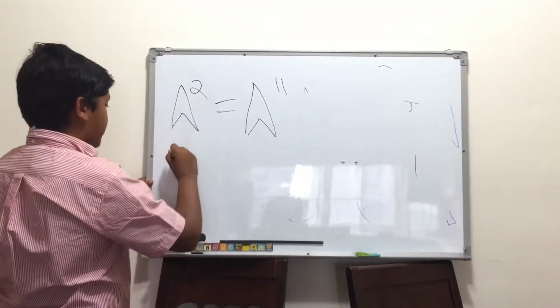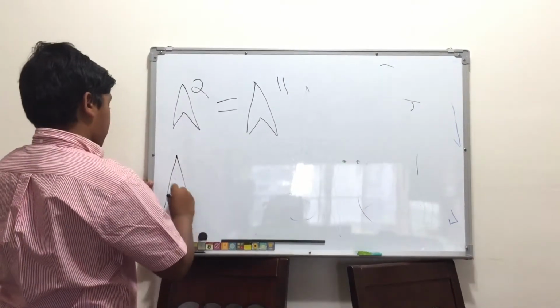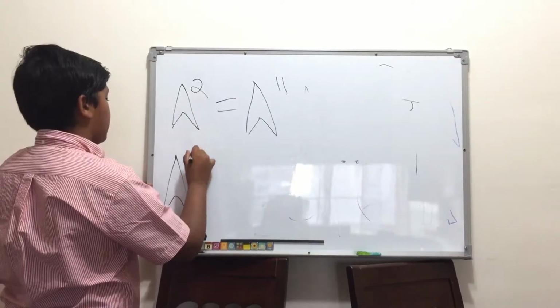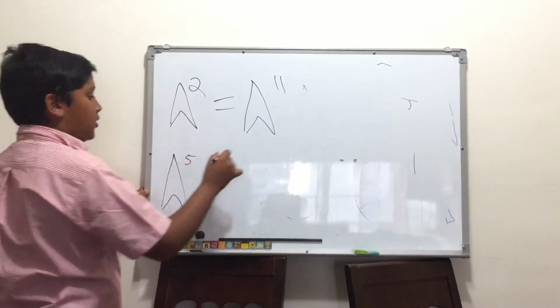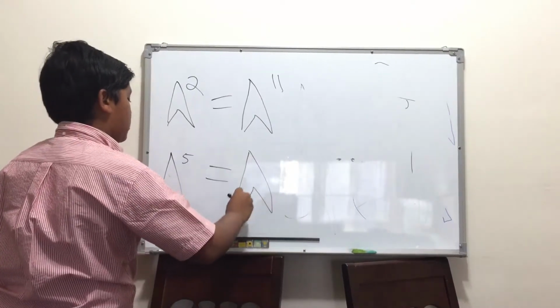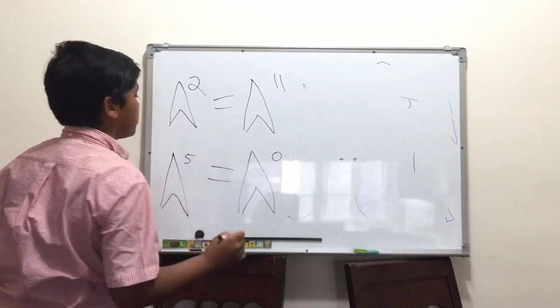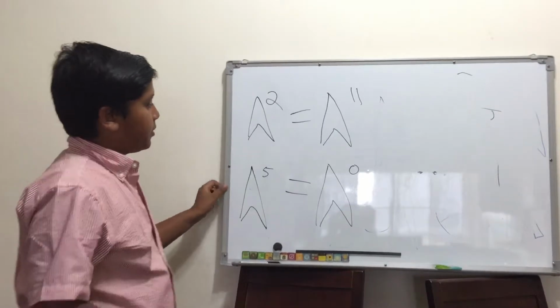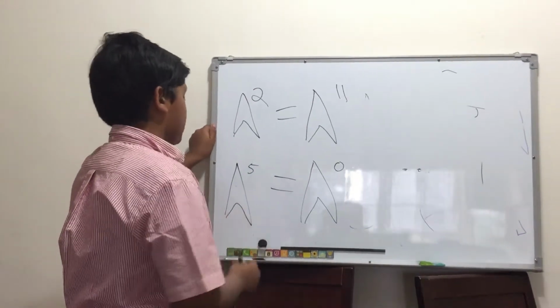And if it was 5, it would equal a circle. And if it was above 5, then you would put 2 circles.